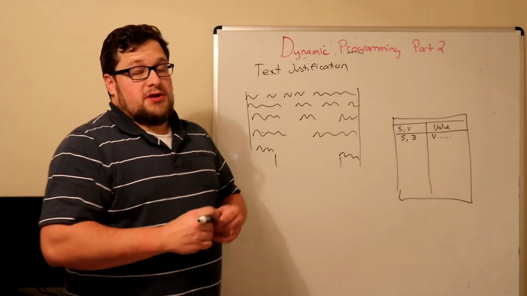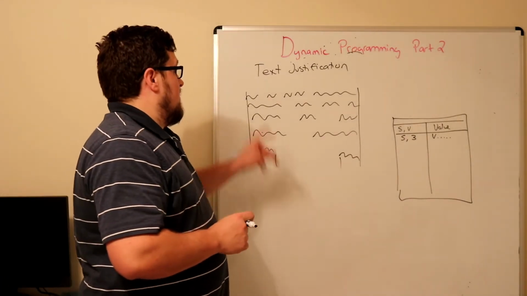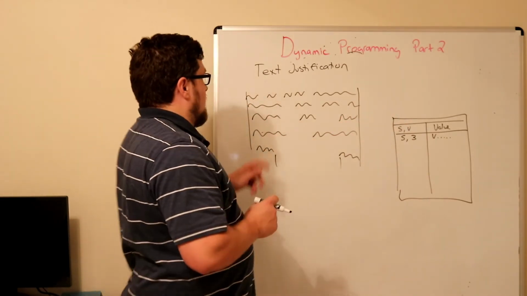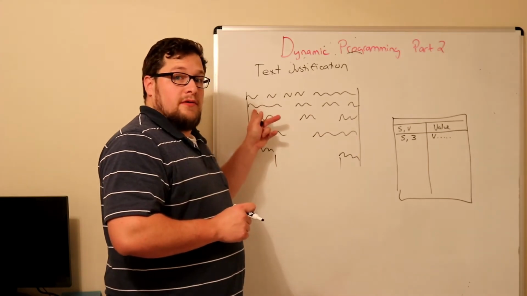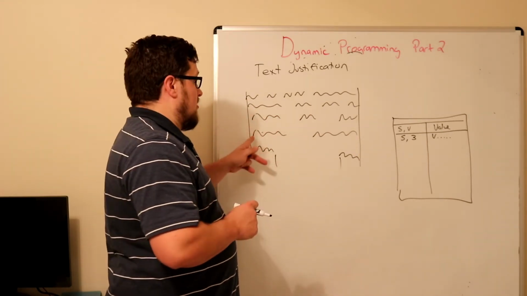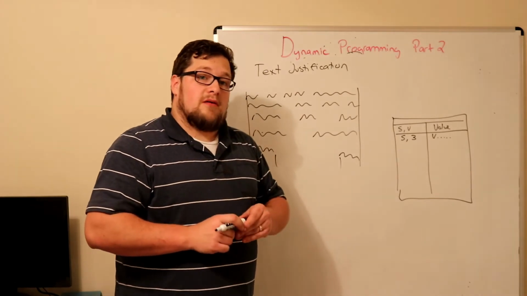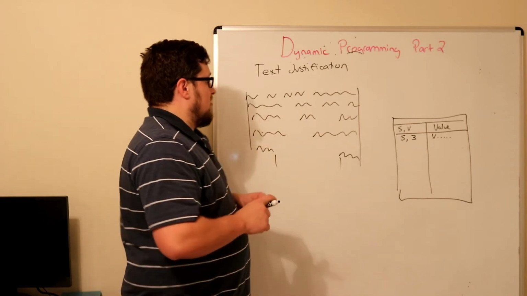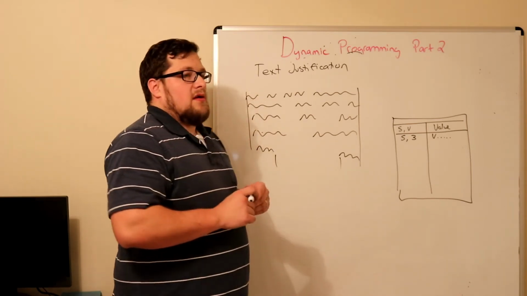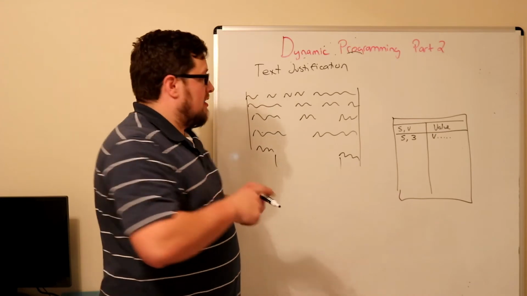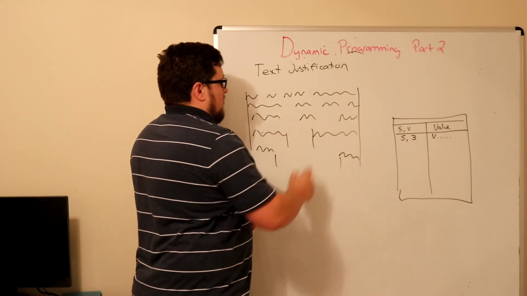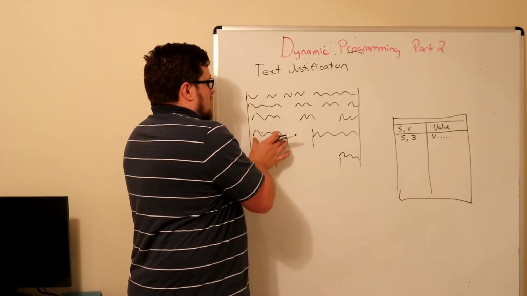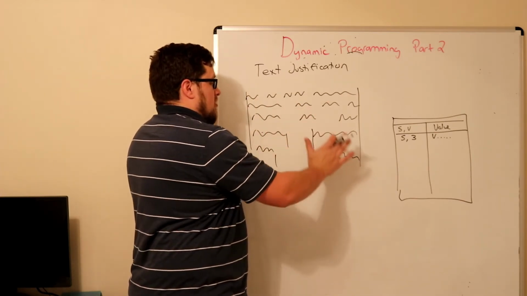The greedy approach to this is fit as much as you can into the top row, do the same in the second row, do the same in the third row, do the same in the fourth row. But what ends up happening in this scenario is that, especially in a case where you end up with a small text and a long text, you can end up with these very large gaps that would have been more efficient had we done different placement through these rows.